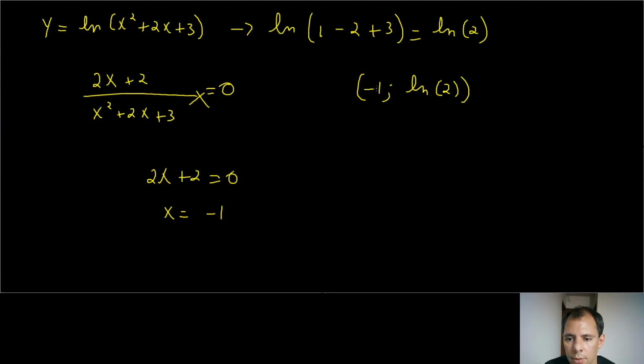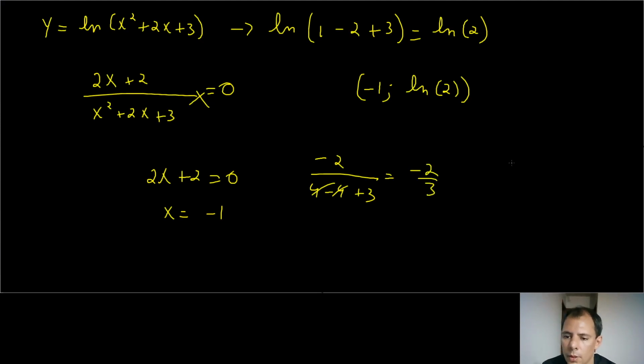So let's try that. Putting a -2 in here is going to be -4 plus 2, minus 2 divided by -2 squared, 4, -4 plus 3. So these cancel and you get -2/3.